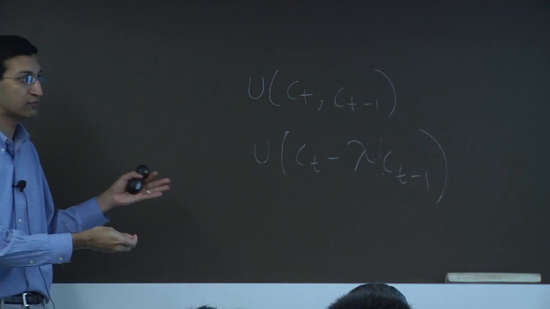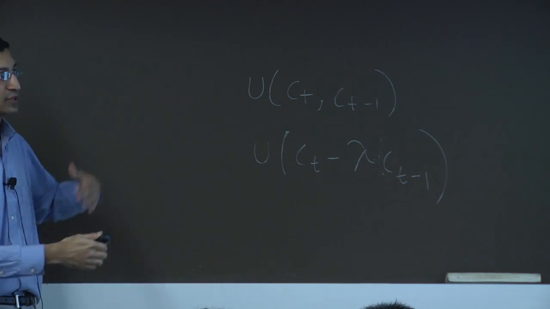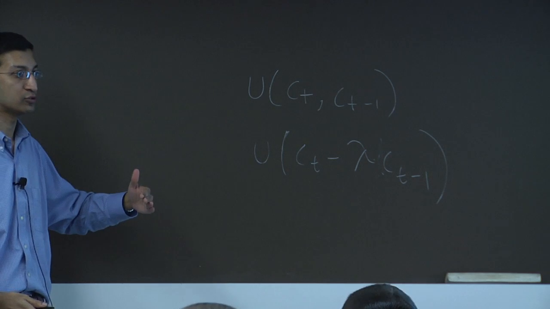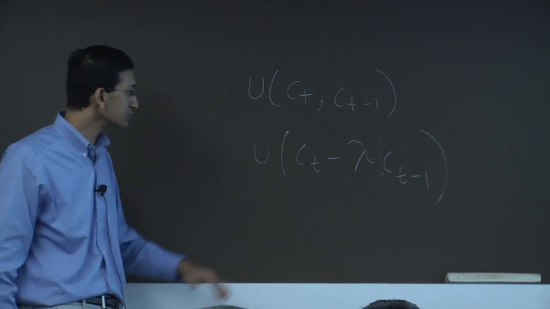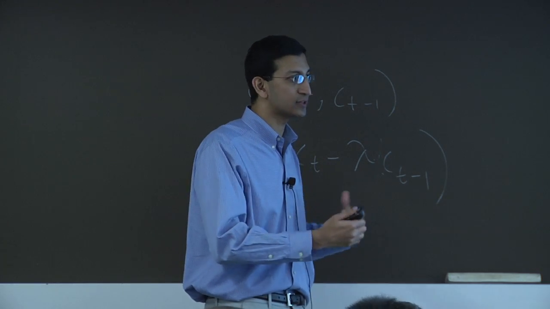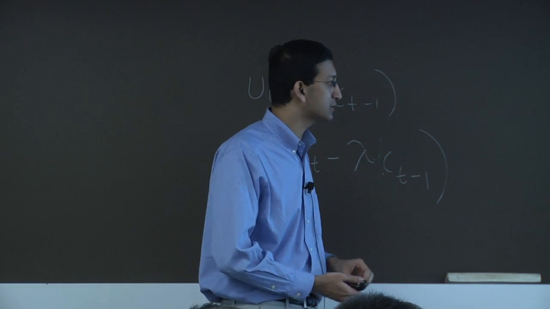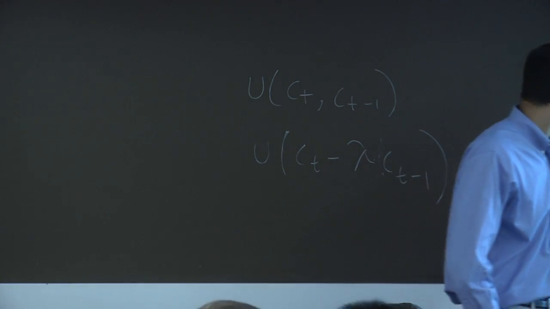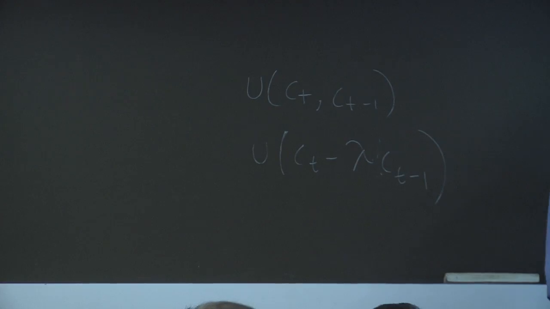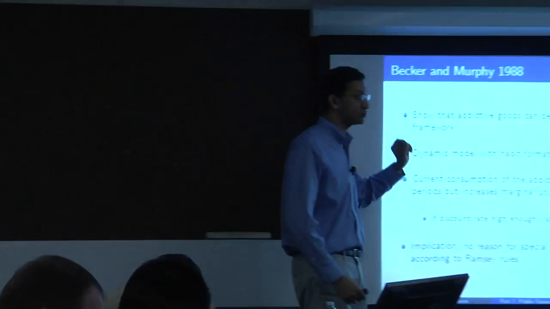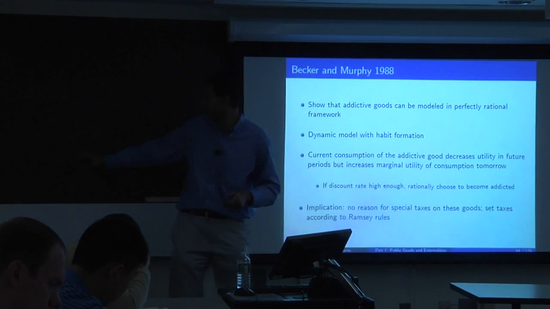So the amount of utility I get today is how much I'm consuming relative to what I was doing yesterday. And if I was smoking a lot yesterday, then it's really costly for me not to smoke today. So you can see why this leads to an addiction type of pattern. So in their model, current consumption of the addictive good decreases utility in future periods, as you can see here, right?